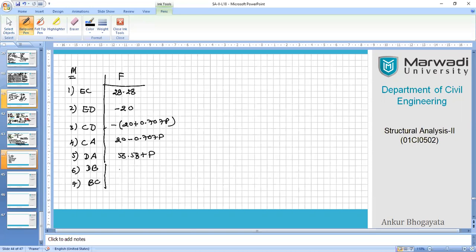It is minus, in bracket, 60 plus 0.707p. And BC is actually P, right? Yes, sir. So now, very well, thanks for this help, and let's go to somebody else who can quickly confirm all the answers.